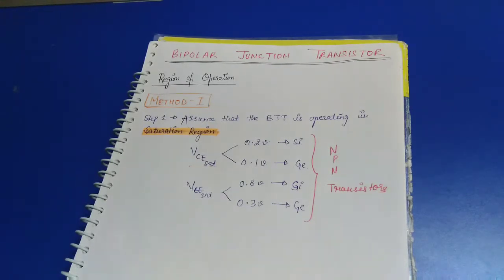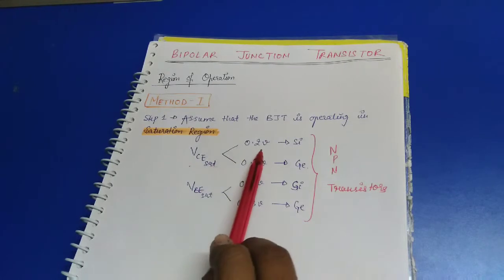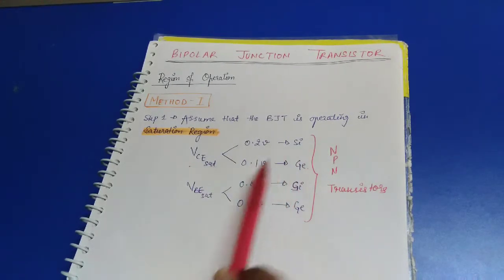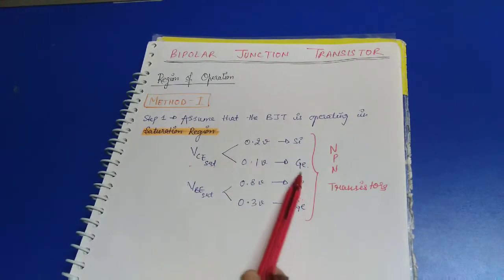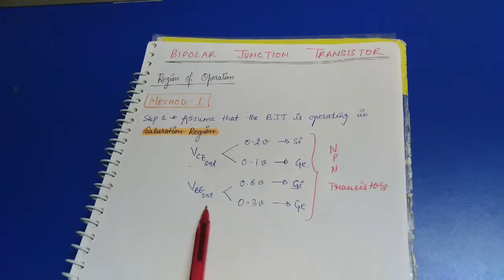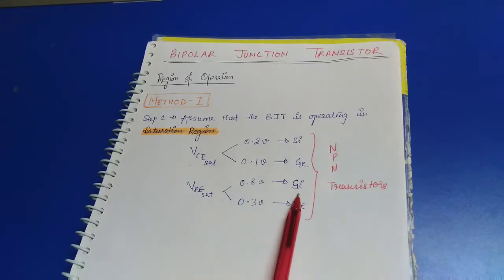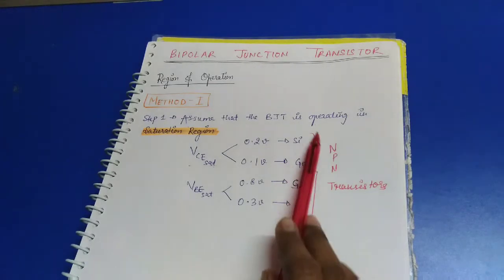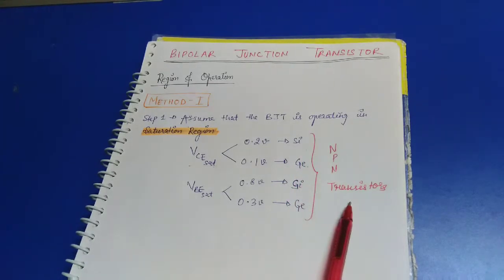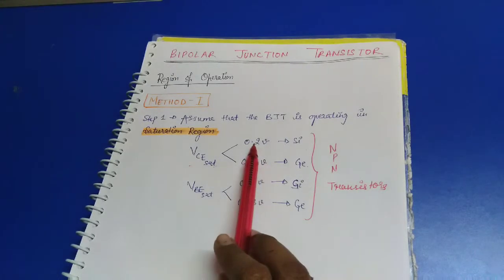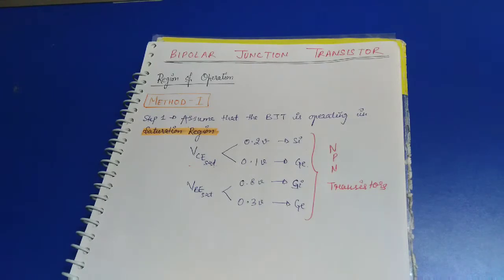VCE saturation is 0.2 volts for silicon and 0.1 volt for germanium, and VBE saturation is 0.8 volts for silicon and 0.3 volts for germanium. These values are for an NPN transistor. For a PNP transistor, just take the negative values.